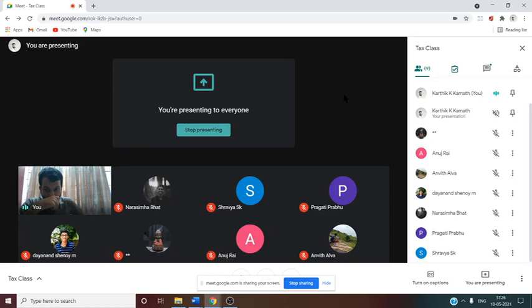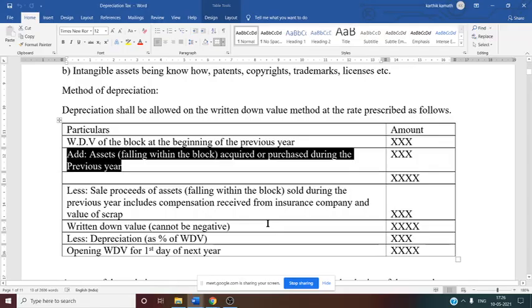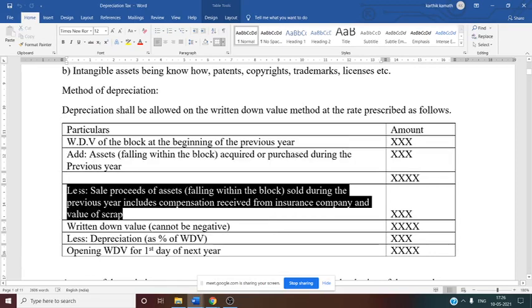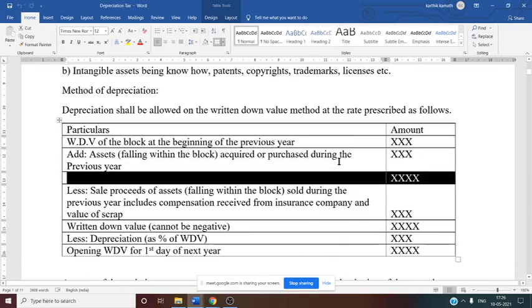All those things come as an addition that you have to add to the written down value. First we write the written down value of the previous year, then we add purchases or additions. After adding the purchases, you will get one total, that is the written down value at the beginning plus this purchase value.